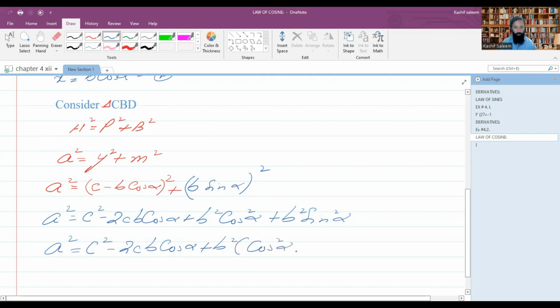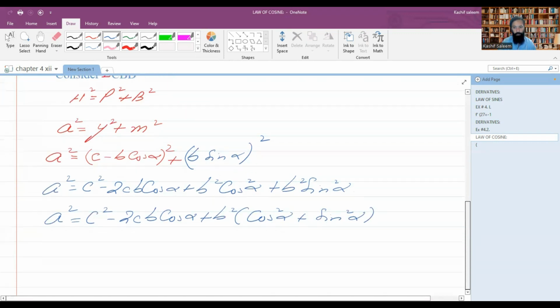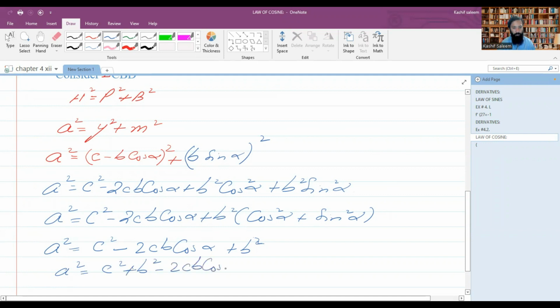So you have cos square alpha plus sine square alpha, which is equal to 1. So a square is equal to c square minus 2cb cos alpha plus b square. If I arrange it, a square is equal to b square plus c square minus 2bc cos alpha.